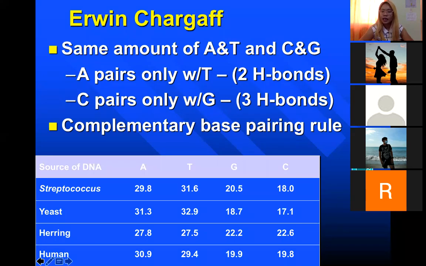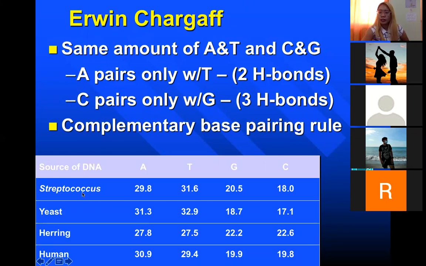So what he did is he studied different organisms. He isolated DNA from different organisms, specifically in terms of Streptococcus, tapos yeast, herring, and then human. So medyo from smaller organisms to bigger organisms yung representatives niya in his experiment.